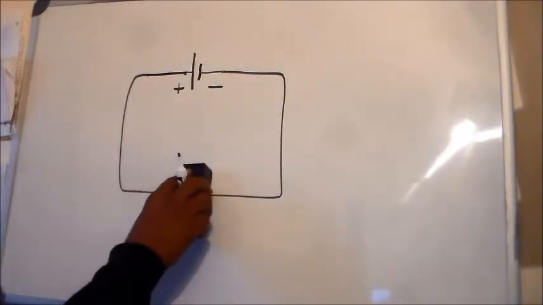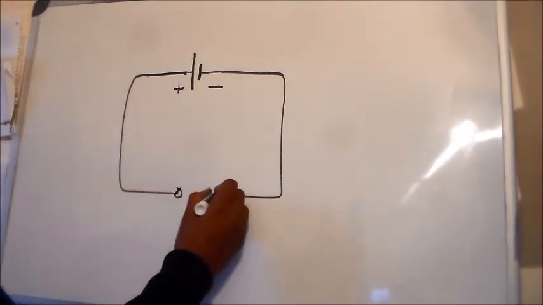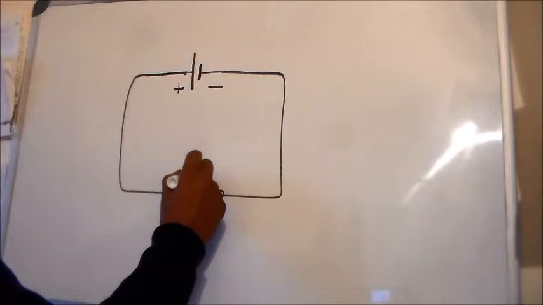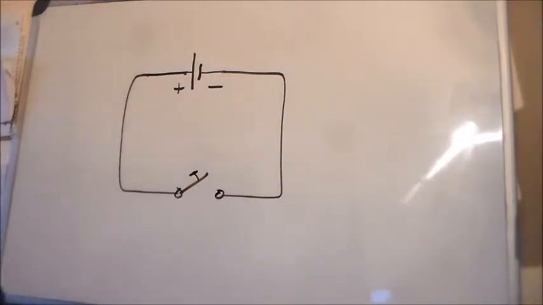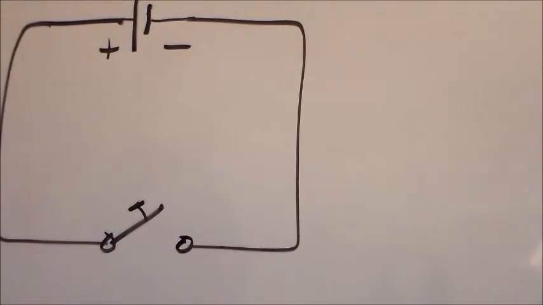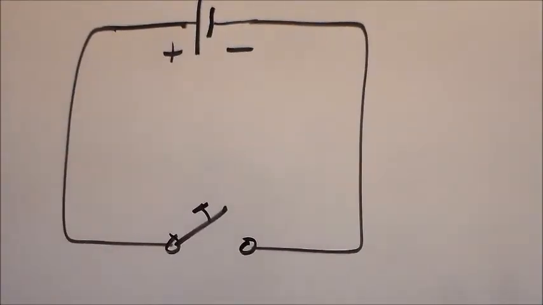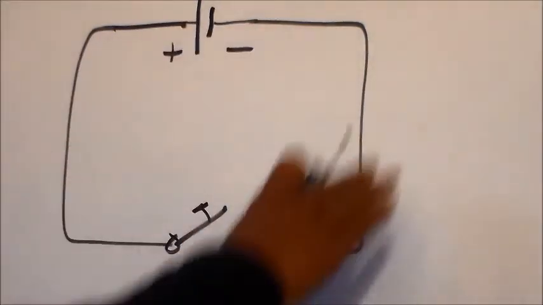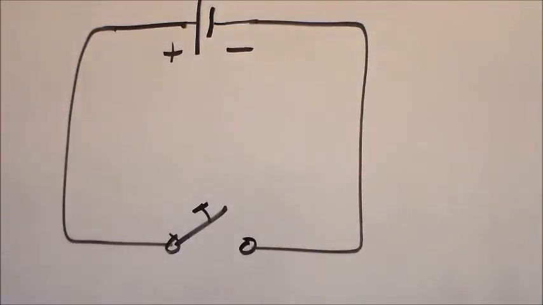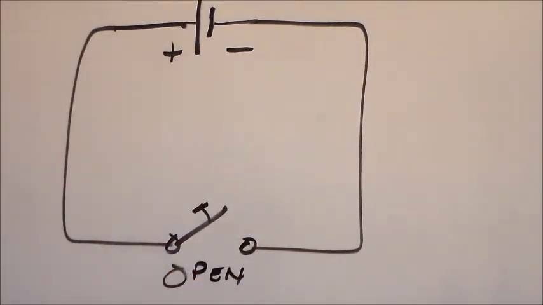And then we have a switch. So that's a symbol. That is our switch. This is what our switch looks like. A switch makes or breaks the electrical energy going around in the circuit. It's breaking it right now. This switch is considered to be in the open position. So in the open position, there's no current flowing through.